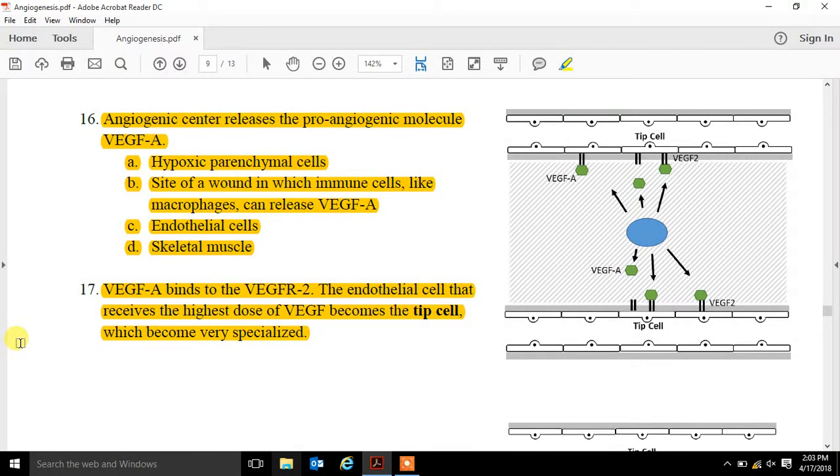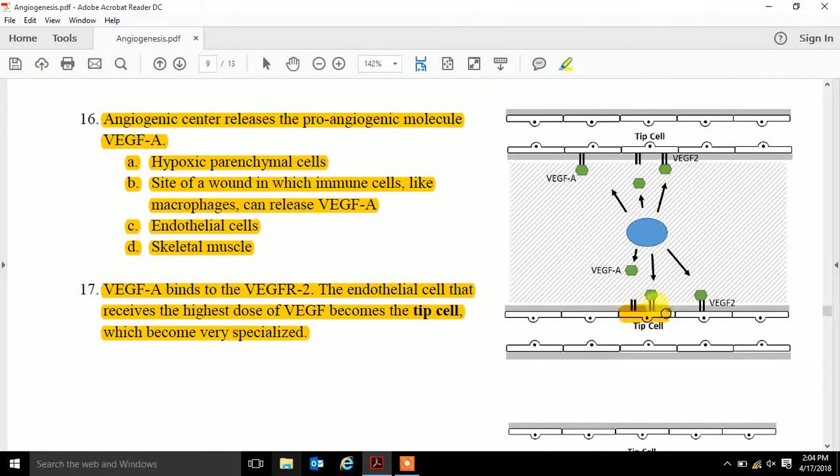And all of these endothelial cells are going to have this VEGFR2 receptor. It's just the cell that has the most receptors and gets the most VEGF is the one that gets to play the game. It becomes what's known as the tip cell and becomes very, very specialized for this angiogenic process. So we can see here, some of these molecules are going to go over here and some are over here.